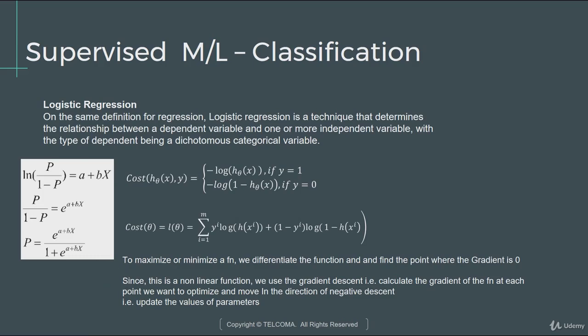We have a non-linear function and we use a gradient descent algorithm to calculate the gradient of the function at each point we want to optimize. And we move in the direction of the negative descent, and eventually we reach the most optimum point. When we reach it, we finalize that as the values for the parameters. And at each step, we update the values of the parameter.